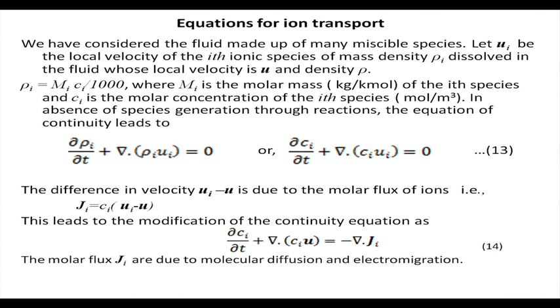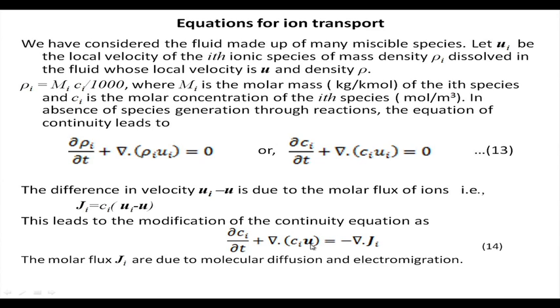Now, J I, also referred to as the molar flux of ions, is given by this relation. Since the divergence of u is 0, equation 13 can be transformed to this form by virtue of continuity of the fluid.